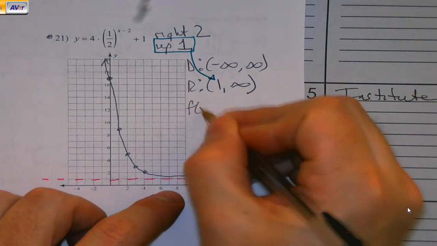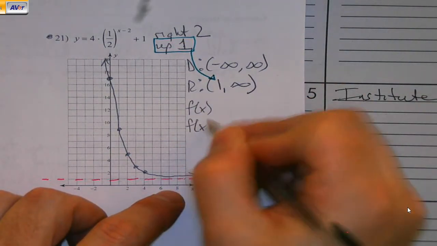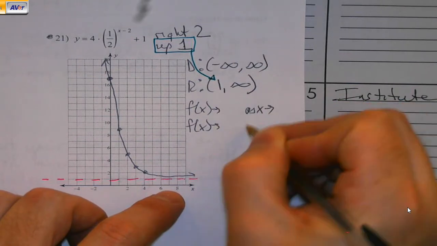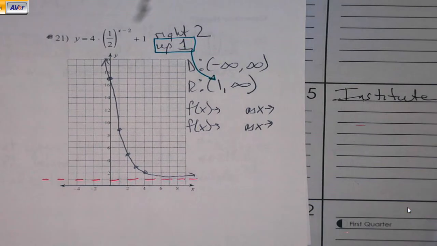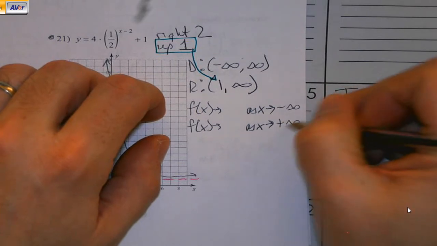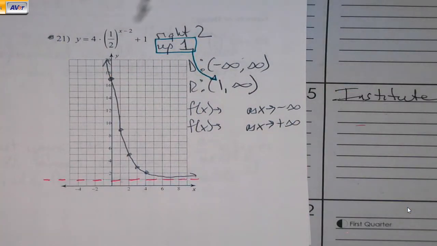And so when I get to my end behavior, my domain still gets to be my no-brainer part, just like it was up above. My range, though, okay? Again, I take a peek.